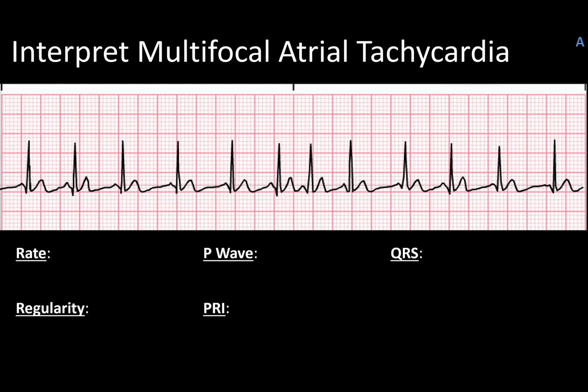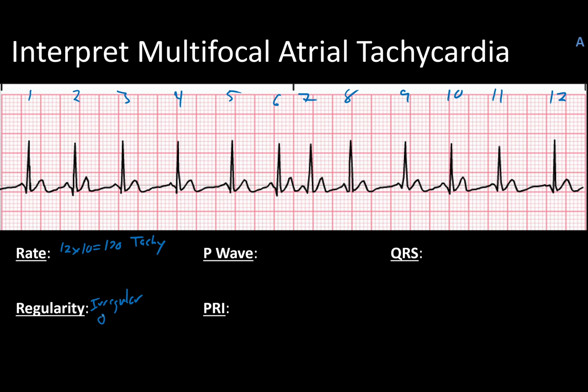Okay, just looking at the strip, you can tell immediately that this is wildly irregular. So let's go ahead and count them out. We've got 12 beats, so 12 times 10 gives us a rate of 120, and so we're tachycardic.